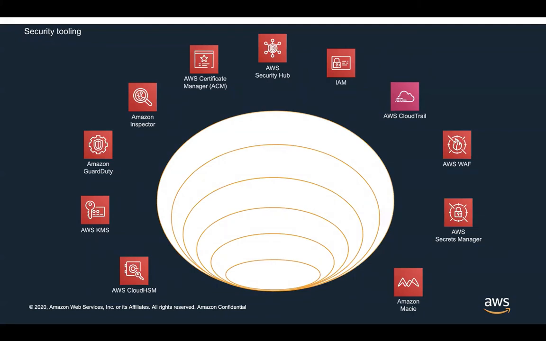Security Hub, IAM, which covers roles, permissions, policies, permission boundaries, etc. CloudTrail for audit control, WAF, Secrets Manager, and Macie, which is also a machine learning driven service to discover vulnerabilities, deviations from best practices, etc.